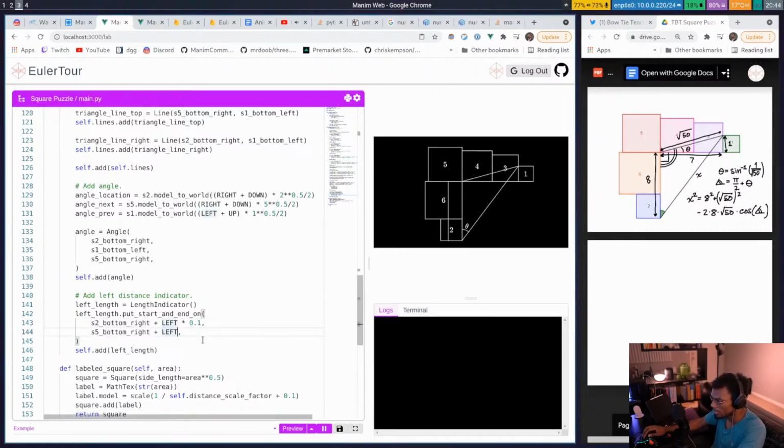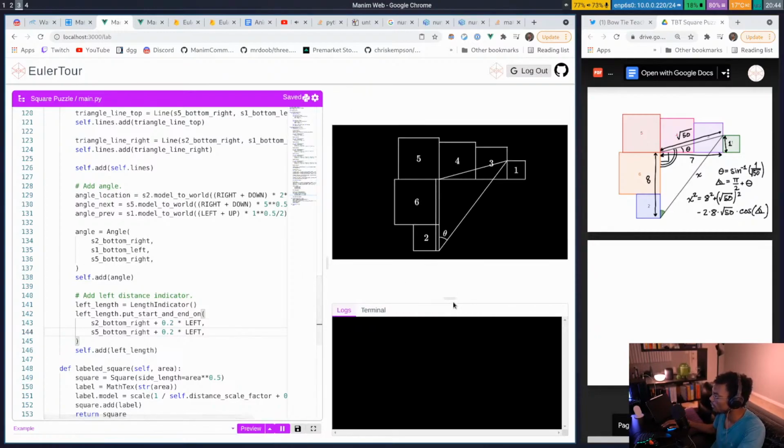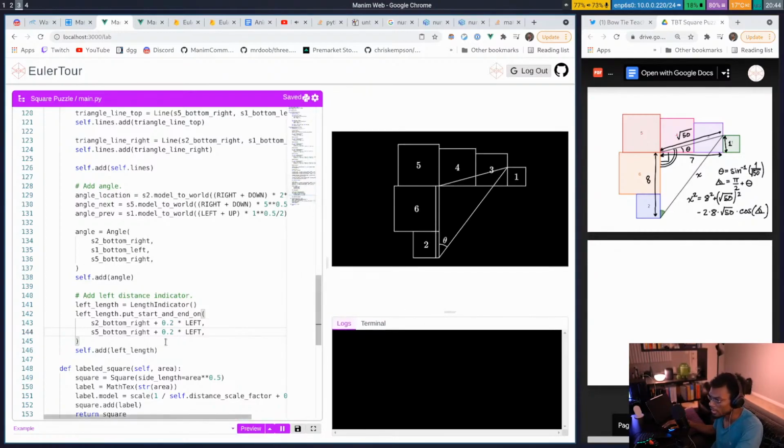It's like 0.1. 0.1 times left, like so. It needs to be larger. Okay, and this is probably gonna have to have some color to it.